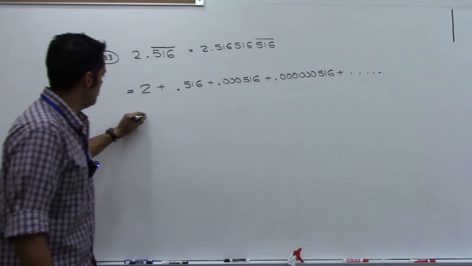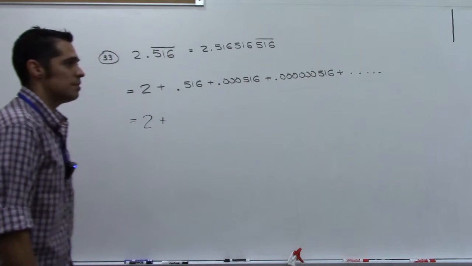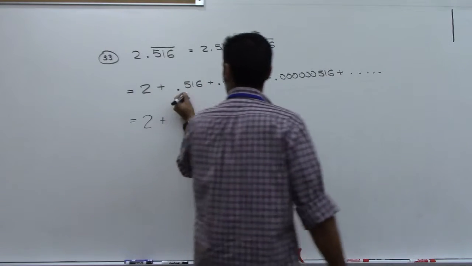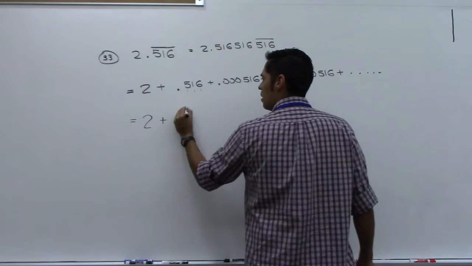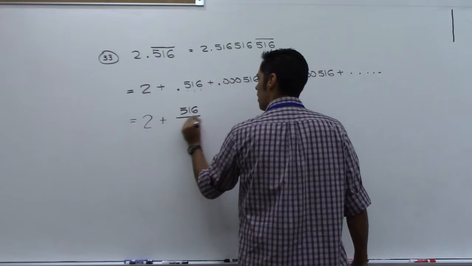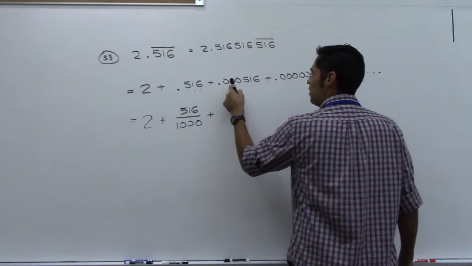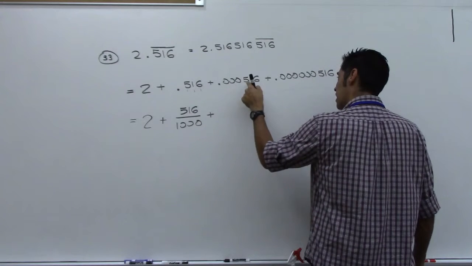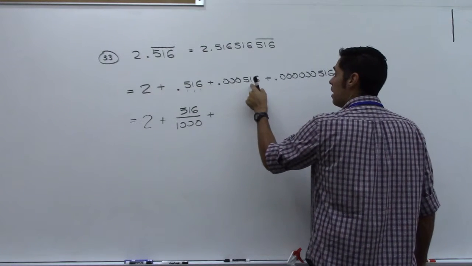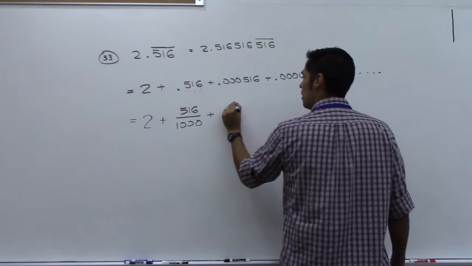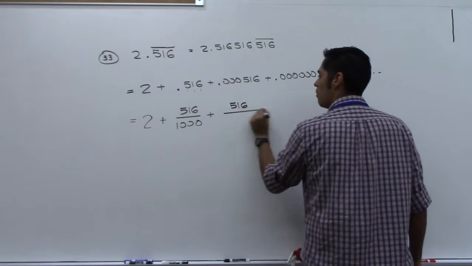So I have 2 plus, now let me write these as fractions. Remember the place value, tenths, hundredths, thousandths. So 516 over 1,000 plus tenths, hundredths, thousandths, 10,000ths, 100,000ths, millions. So 516 over 1,000,000.